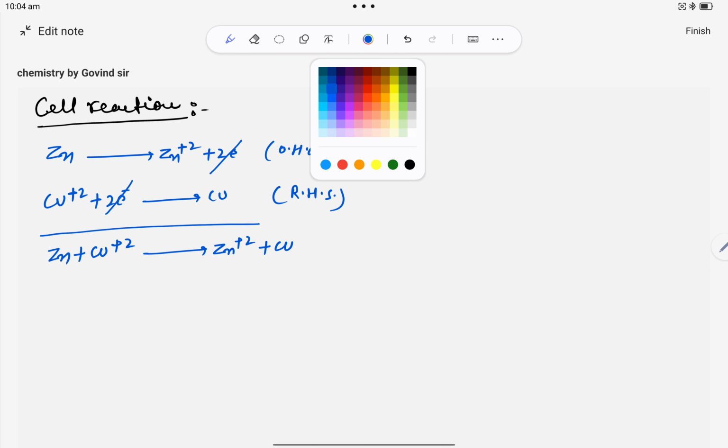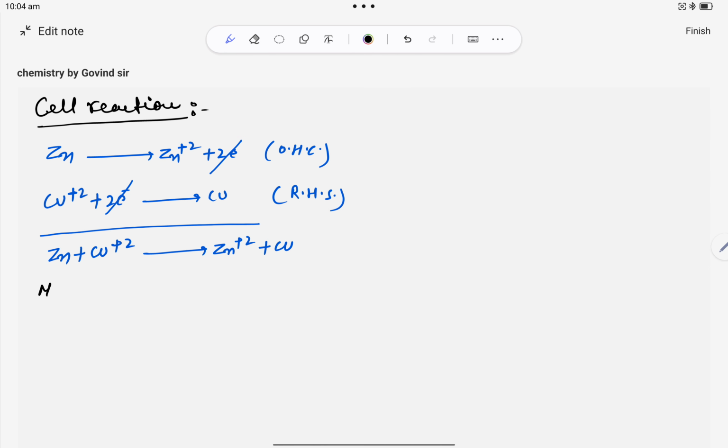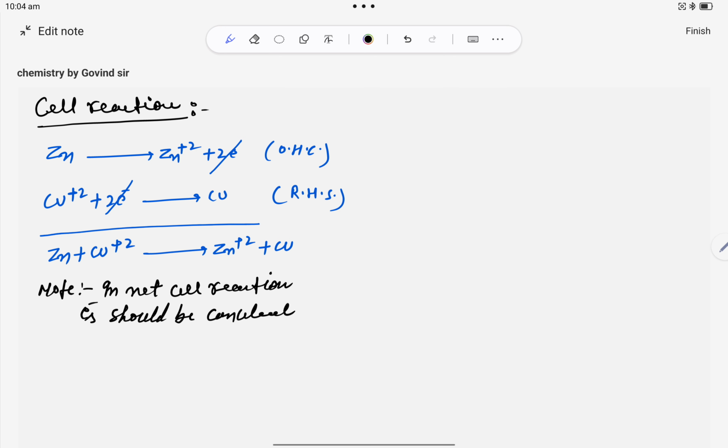You can write one note: in net cell reaction, electrons should be cancelled.